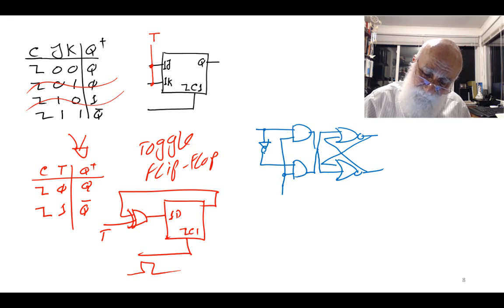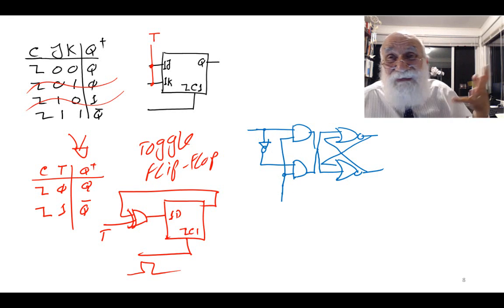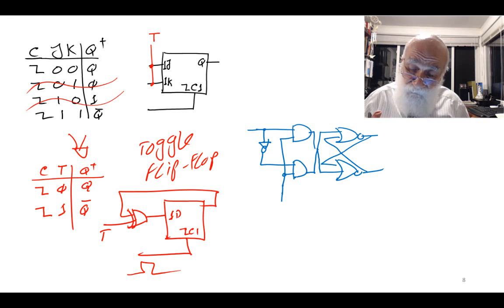For now, let's do the D flip-flop, or the D latch.